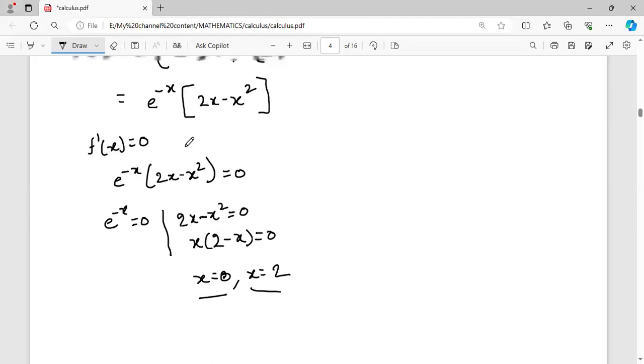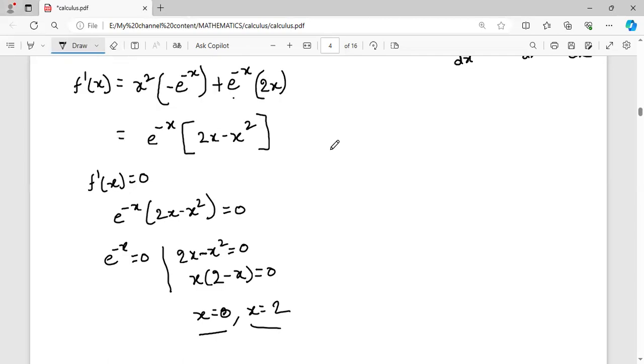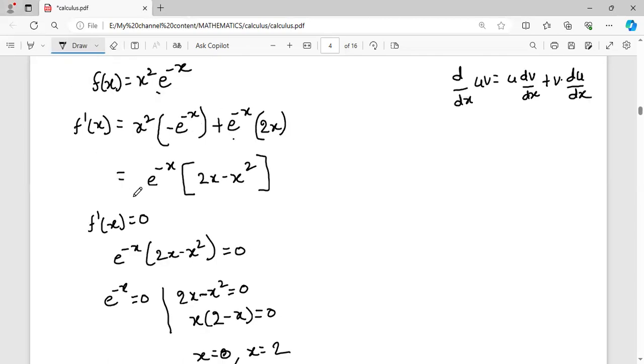Now we have to do the second differentiation again. That is f double dash of x equal to, here what is f dash of x? f dash of x equal to e power minus x into 2x minus x square.